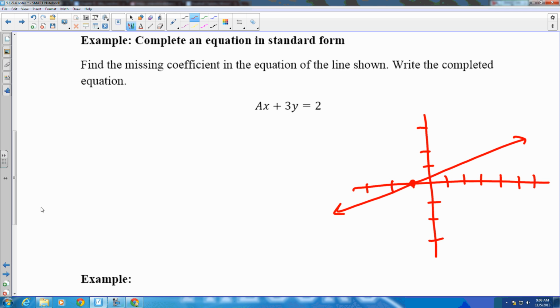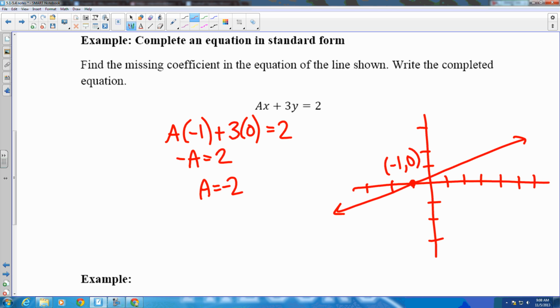So we're going to use the point that we find on the graph, which is (-1, 0), and we're going to put that in for the x and y values to figure out what that a is. So a times negative 1 plus 3 times 0 equals 2. Negative a equals 2, or a equals negative 2. Then we're going to write the completed equation: negative 2x plus 3y equals 2.